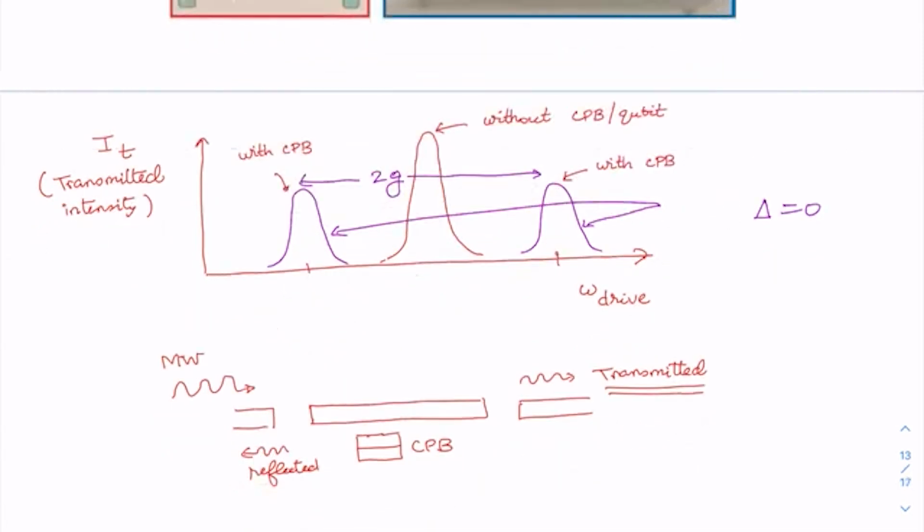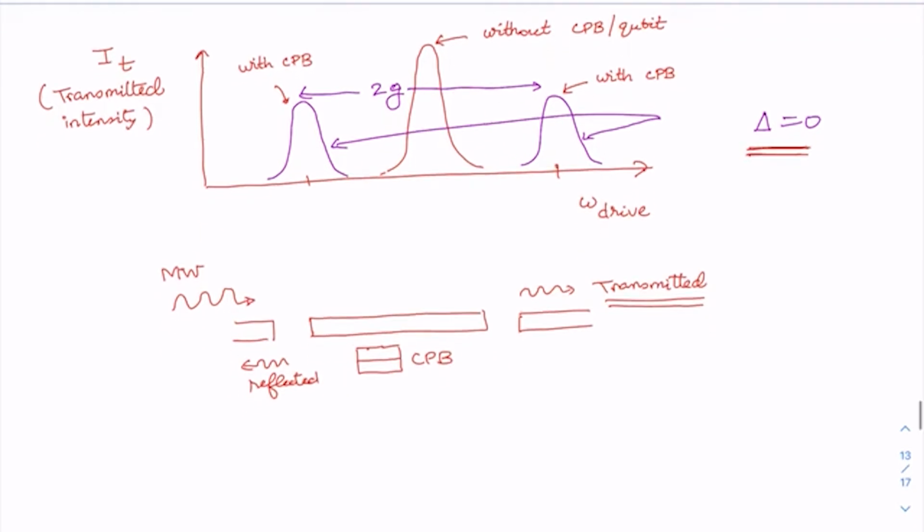Another study the group did was to change the detuning parameter delta by changing the atomic transition frequency. By the way, the results plotted here are for detuning parameter delta equal to 0. As you remember, delta is equal to omega atom, the transition frequency of the atom, minus the bare cavity frequency.